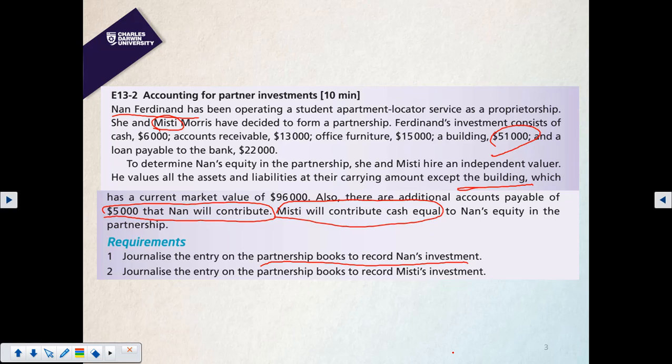So the journal entry is going to be cash debit. Okay, I'll give you another 30 seconds. Cash debit, accounts receivable debit, furniture debit, and you need to write the amount as well.